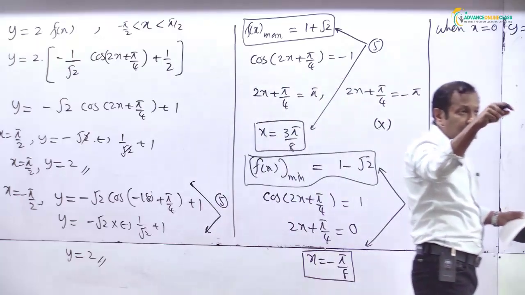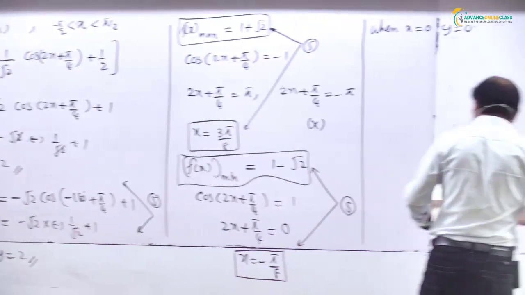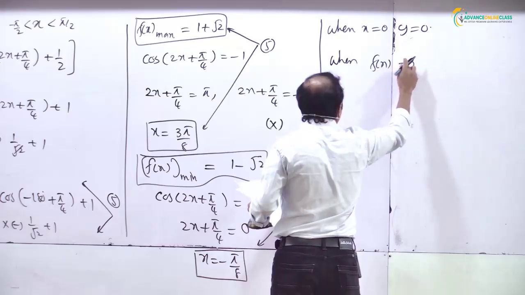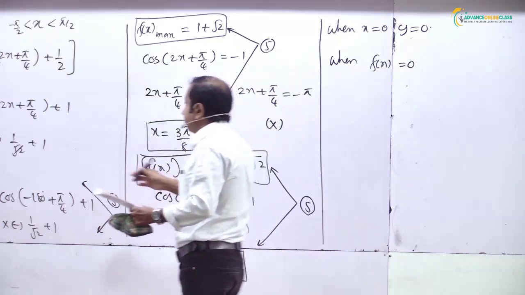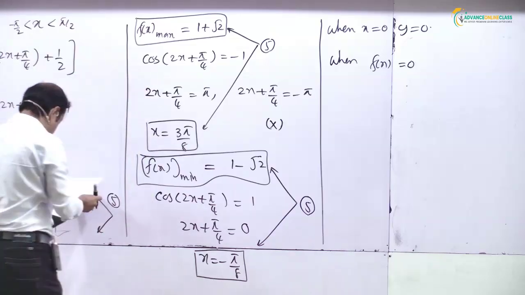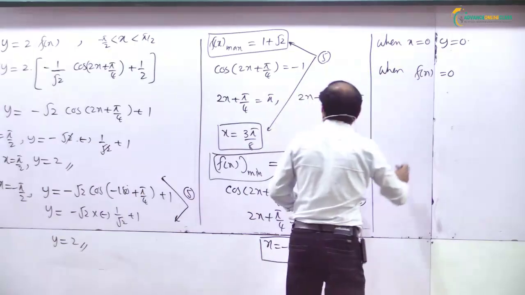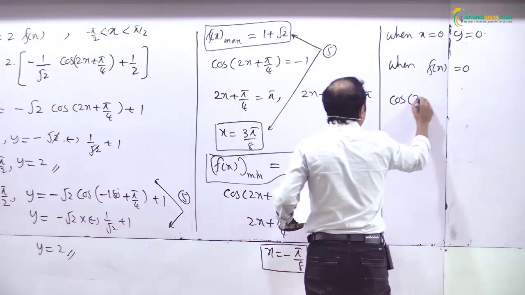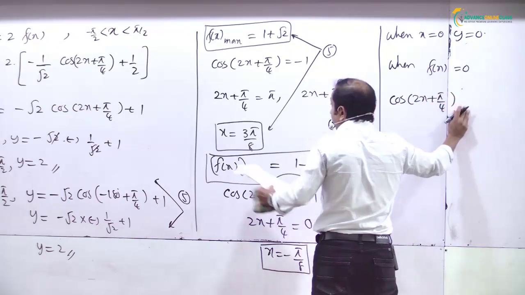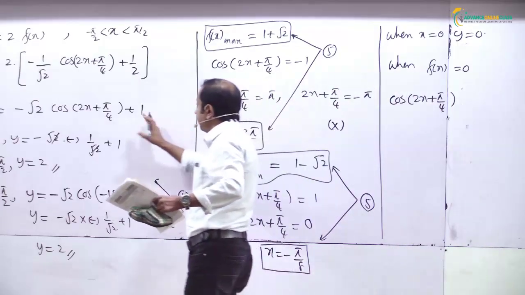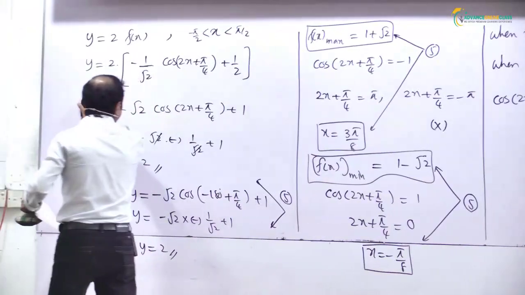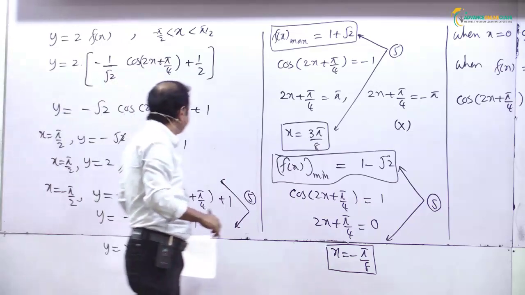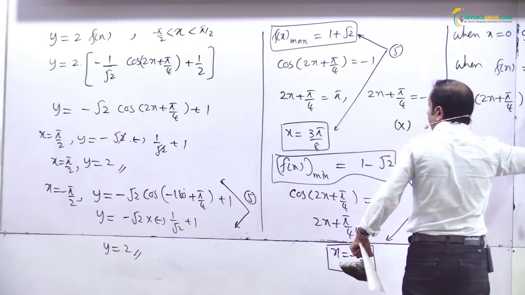Next one, the points where the graph cuts the x-axis: put f(x) equal to 0. When f(x) is 0, we get cos(2x + π/4), take this to this side, then that becomes plus, equals 1 over root 2.